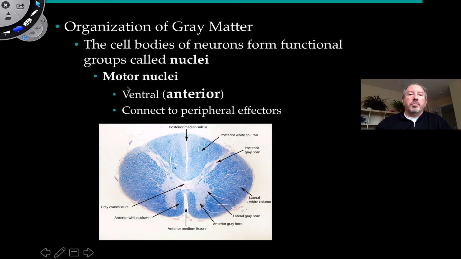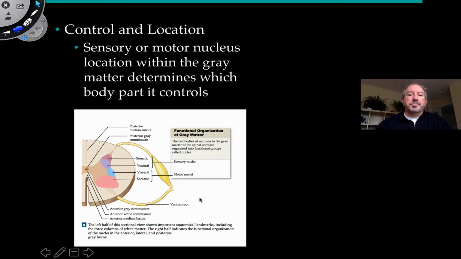And then you have what's known as motor nuclei, and those are contained more in the anterior or ventral horns, and those connect to the peripheral effectors, which are getting something done, like for example a muscle. And those are where all the motor nuclei are contained, right in that particular area right in there. Okay, the anterior horns of the gray horns.